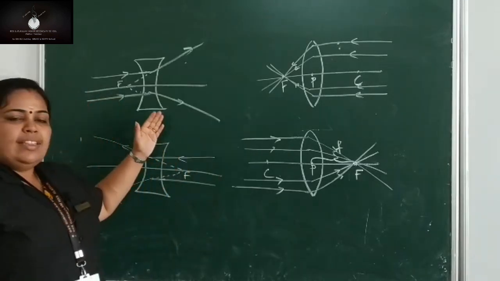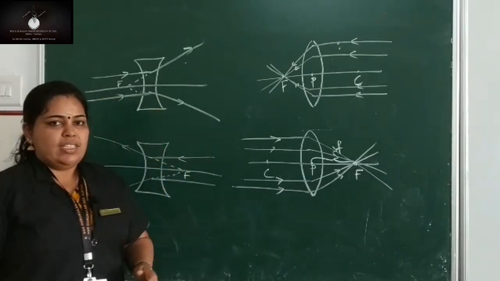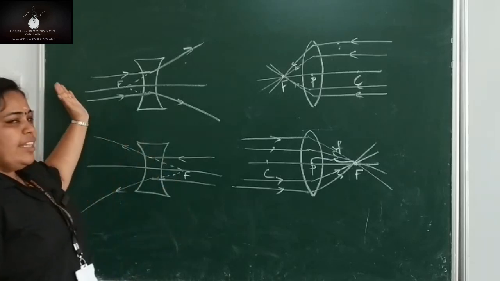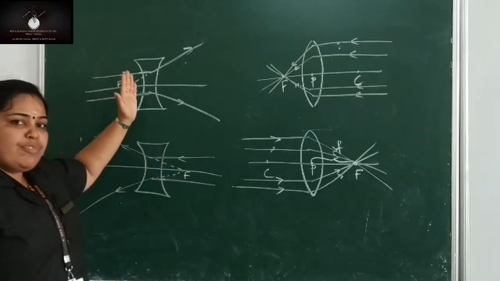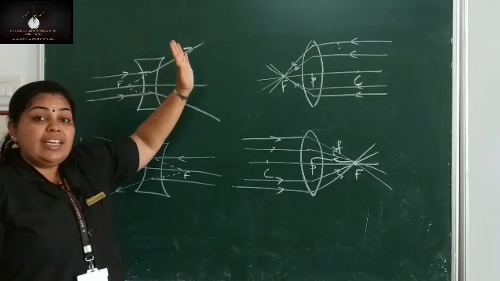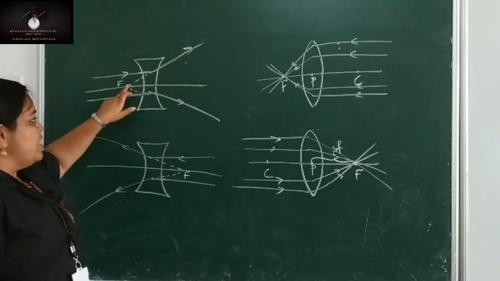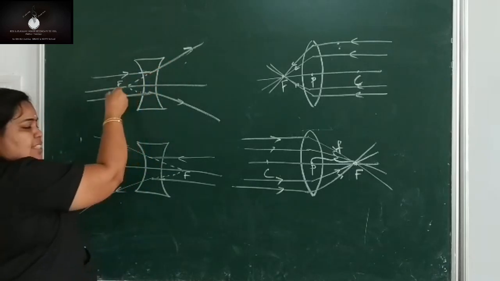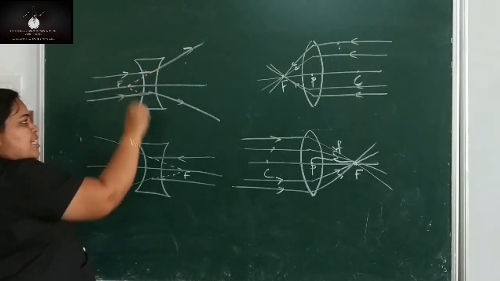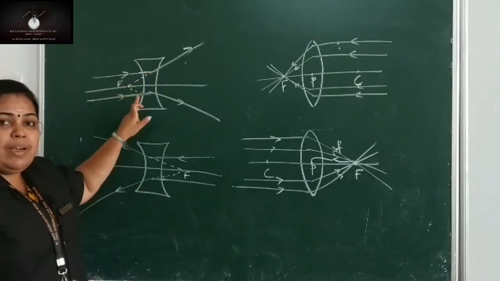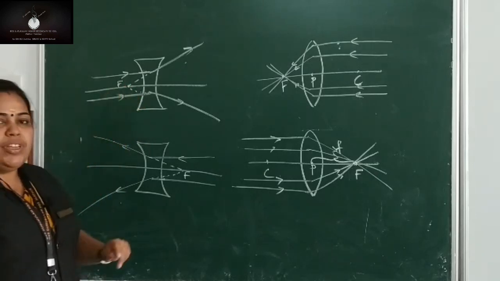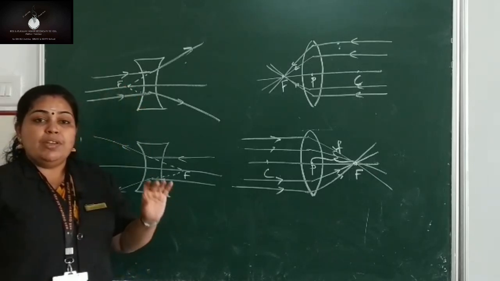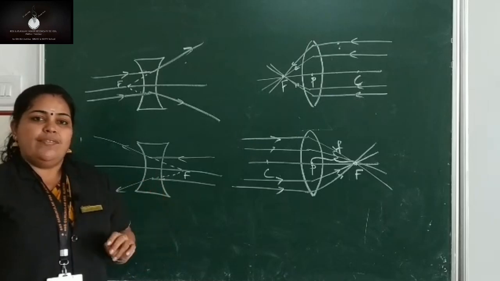Now, let us see the case of a concave lens. Here also, the light ray that is falling on the lens, after refraction, diverges as if it is coming from the focus. So these refracted rays are extended back such that they meet at a point on the principal axis. That particular point is known as the principal focus of a concave lens.